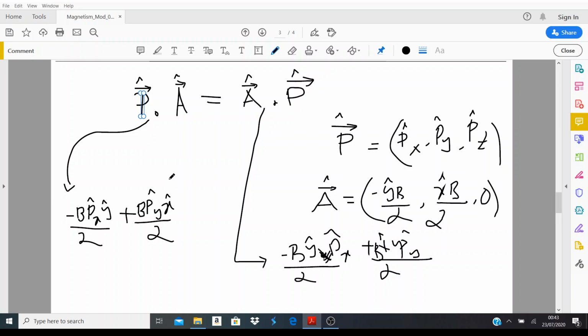This is because of the fundamental commutation relation that I mentioned in the earlier lectures: if the pairs are not conjugate, they will commute. px is not the canonical conjugate of y, so they will commute. py commutes with x. So the order doesn't matter.